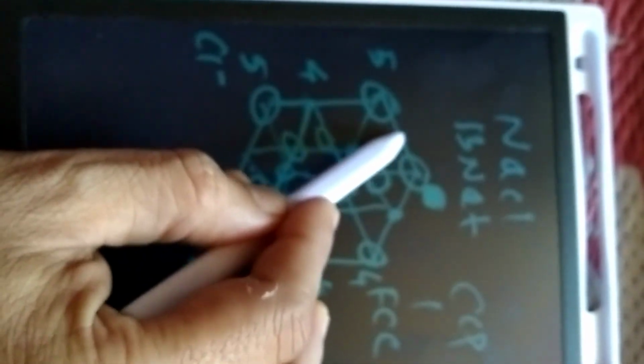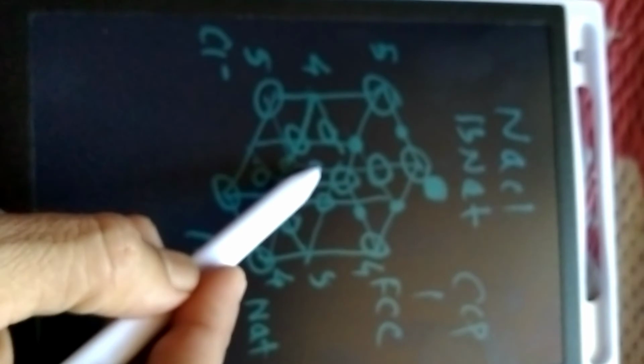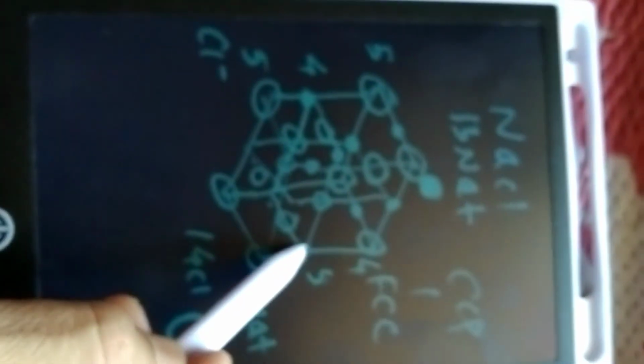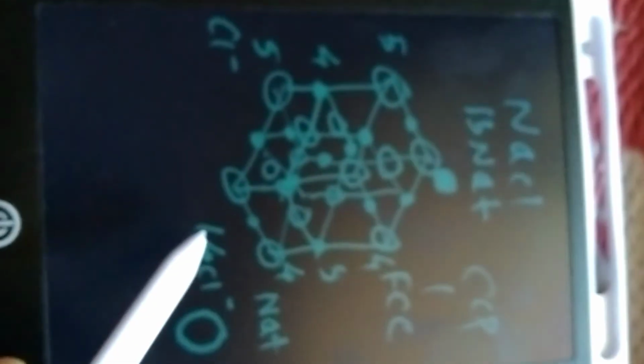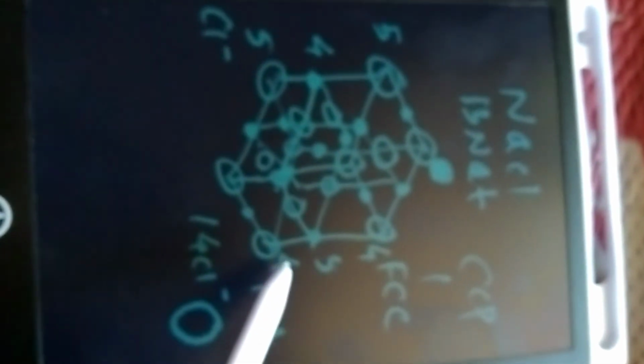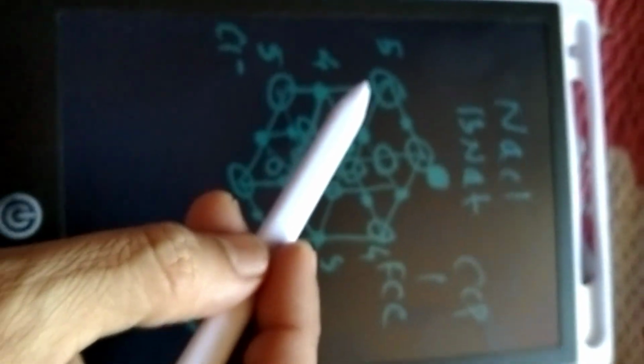Sodium ions are on the edges, at the center and at the corners in the second plane, and again at the center on the third layer, meaning 4, 5, 4. So this is the correct unit cell structure of sodium chloride, FCC, face centered cubic.